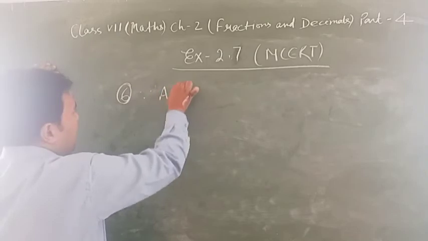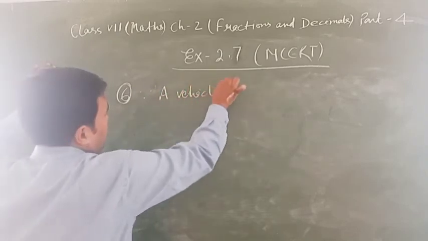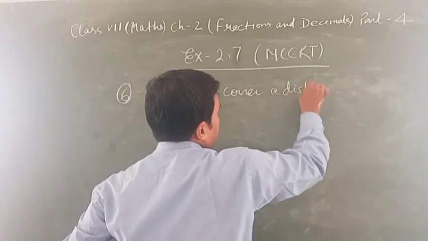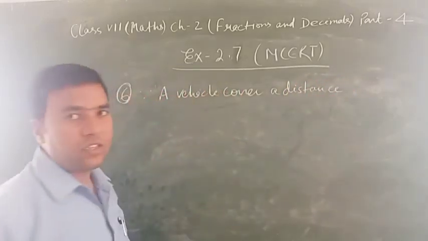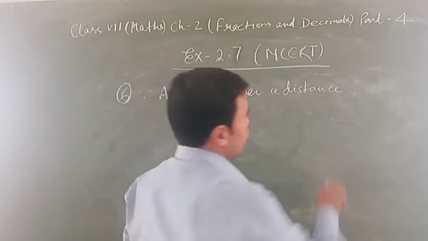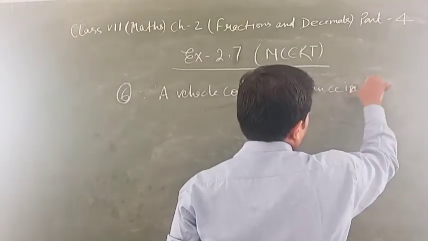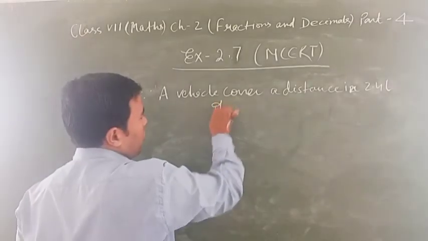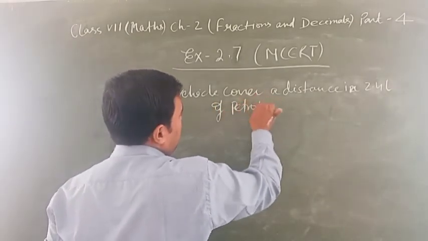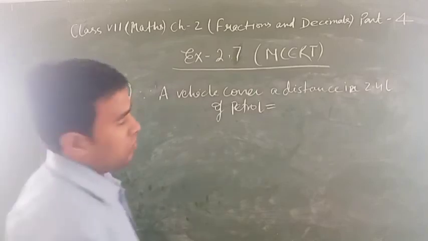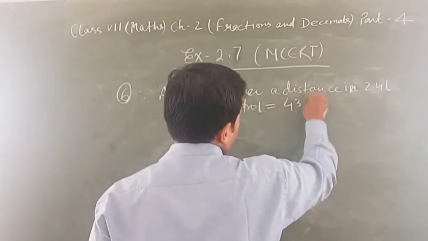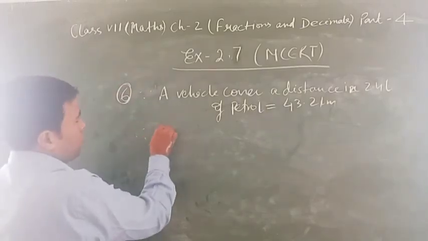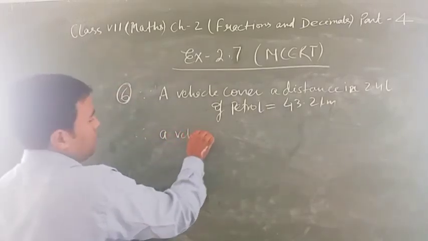Since a vehicle covers a distance in 2.4 liters of petrol equal to 43.2 kilometers.